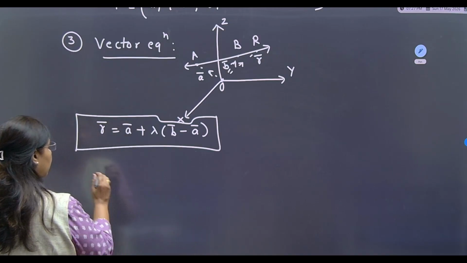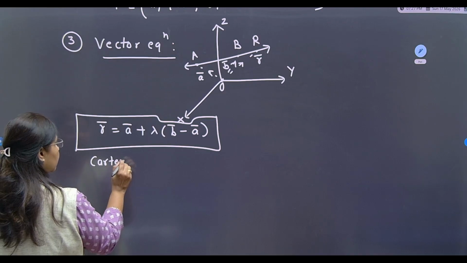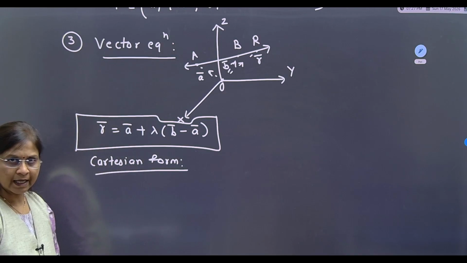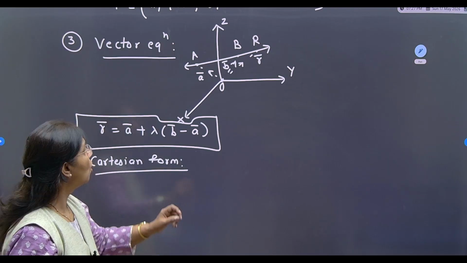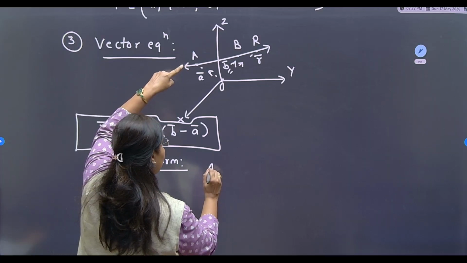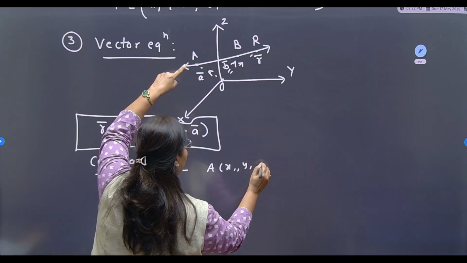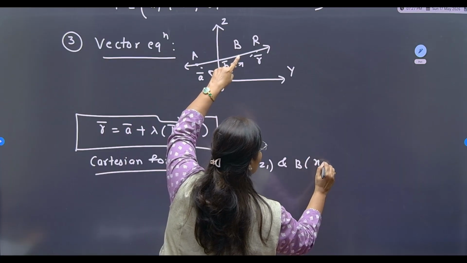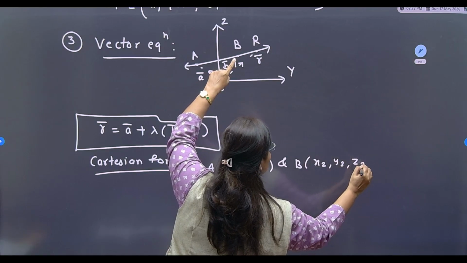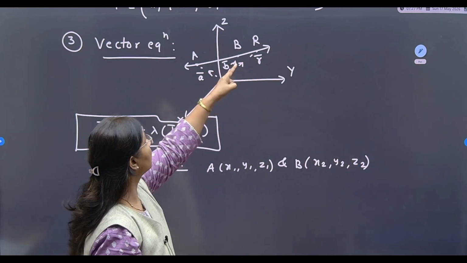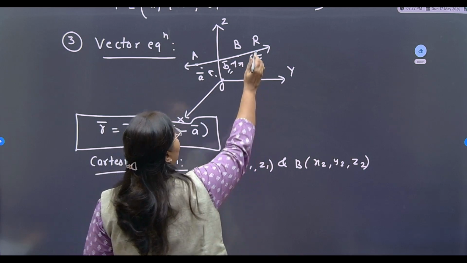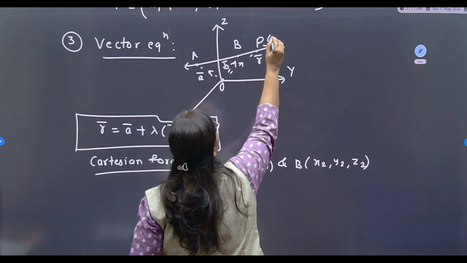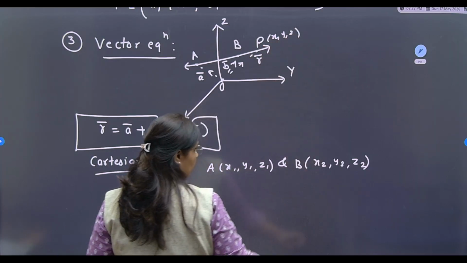Then next, Cartesian form or Cartesian equations of a line passing through two given points A (x1, y1, z1) and B (x2, y2, z2), and point P with position vector R bar, whose coordinates are x, y, z.